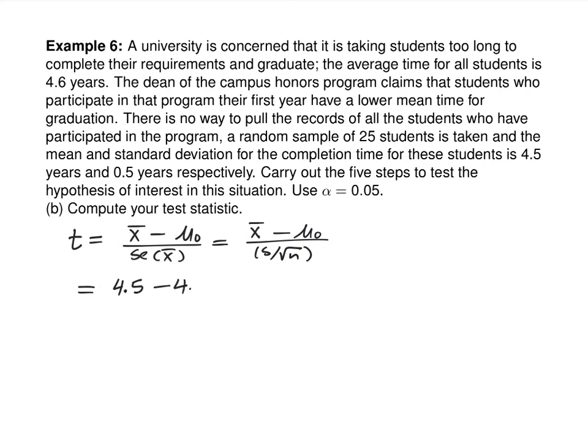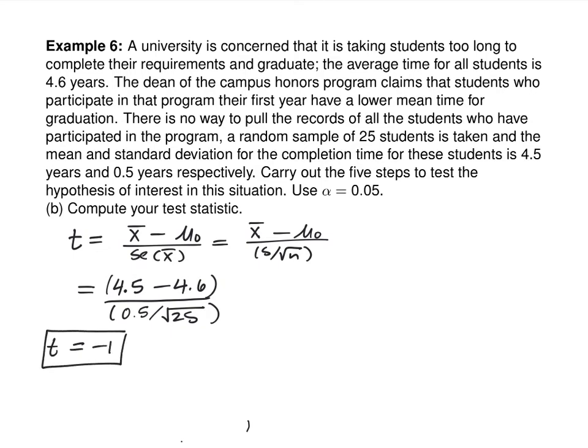The null value of the mean is 4.6, divided by s, which is 0.5, over root n, which is root 25. So this should come out to give you a t-value of exactly -1. So that tells you that in that program, definitely people do finish faster, but the question is, is this faster enough that it is significant?